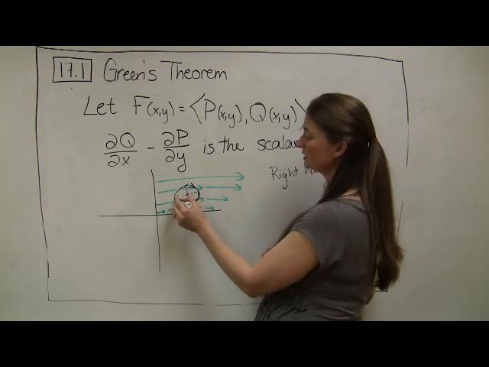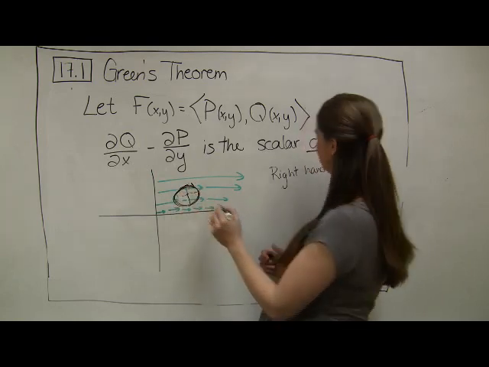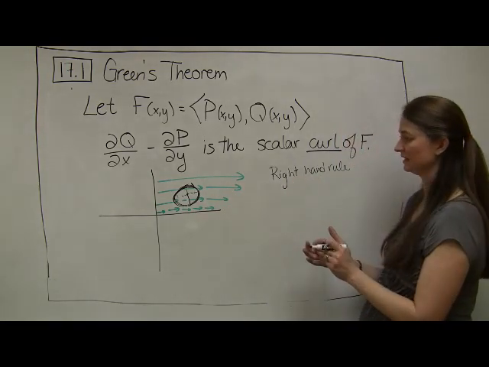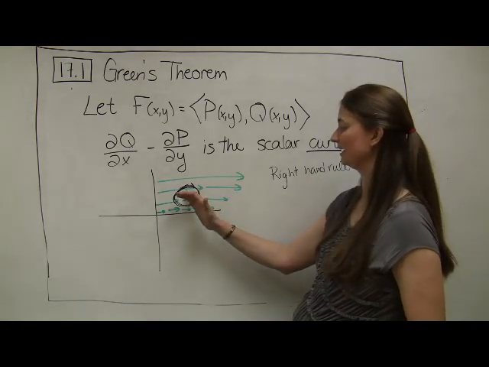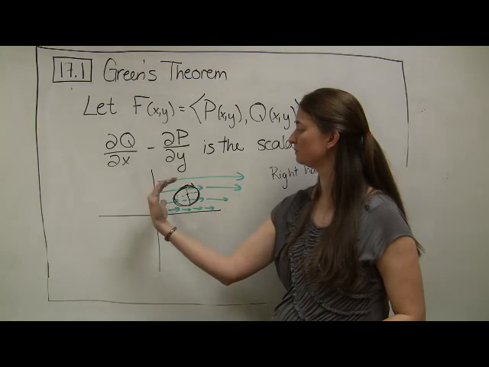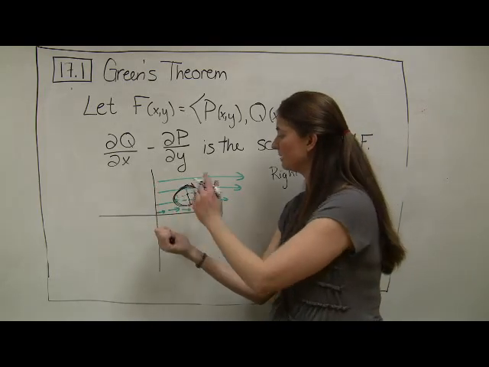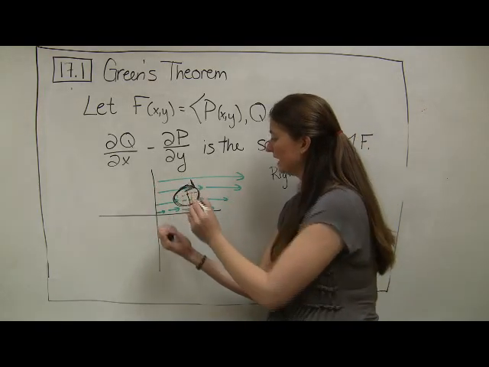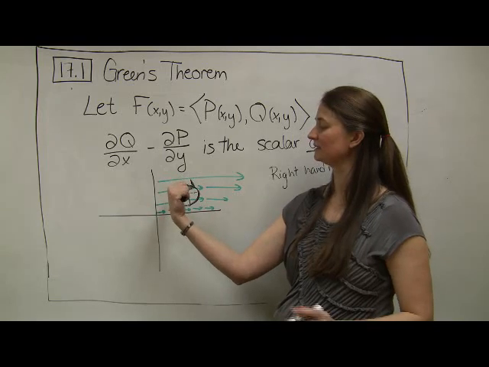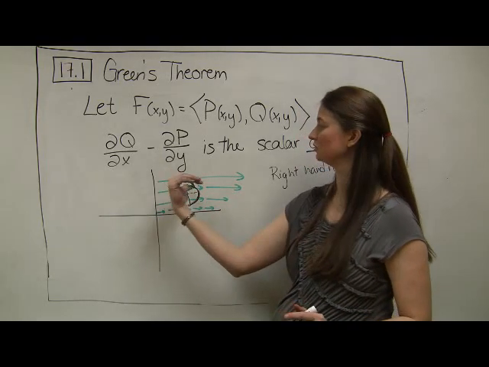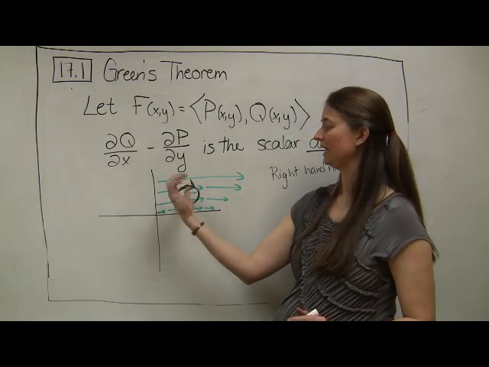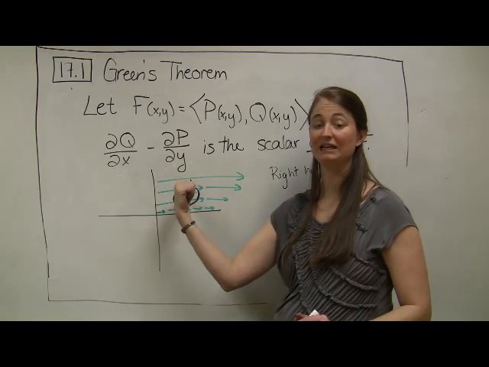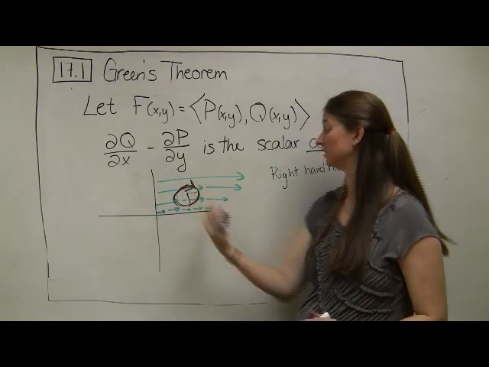If our pinwheel is spinning in a clockwise direction, my right-hand rule tells me to line up my right hand so that my fingers are spinning in the same direction as my pinwheel. And I see that my thumb is pointing down into the board, negatively, in the direction of the scalar curl.